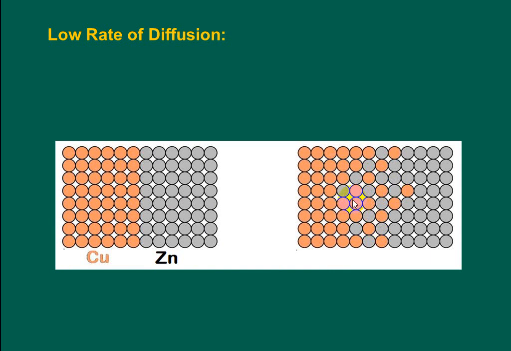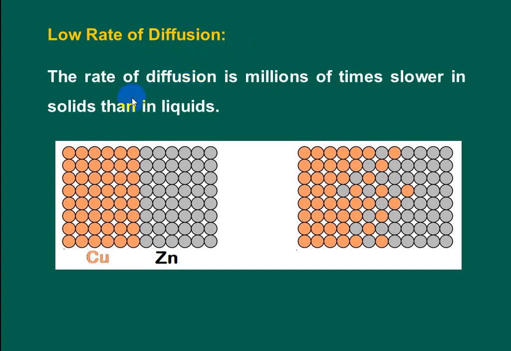They can mix with each other, but they have a low rate of diffusion. The rate of diffusion is millions of times slower than in liquids. So solids can diffuse, but very slowly.